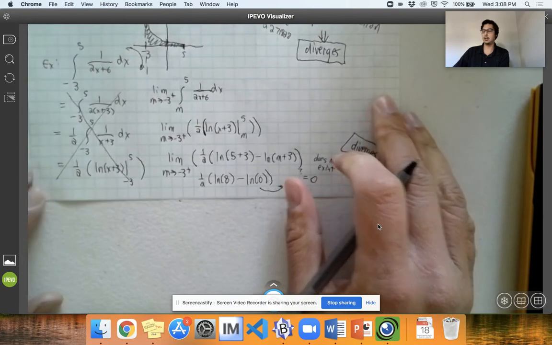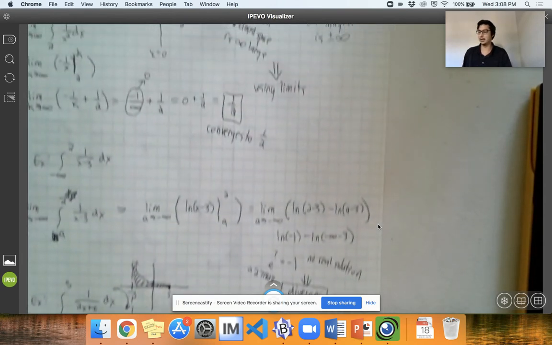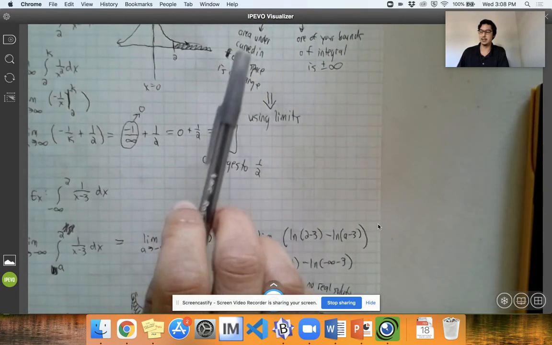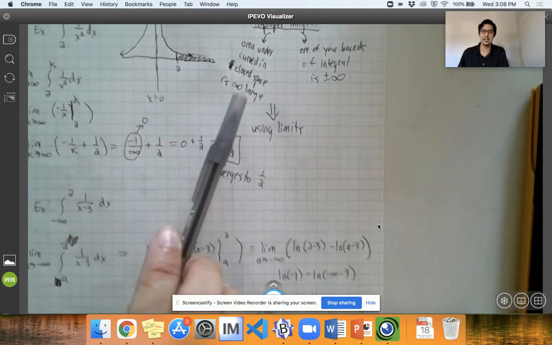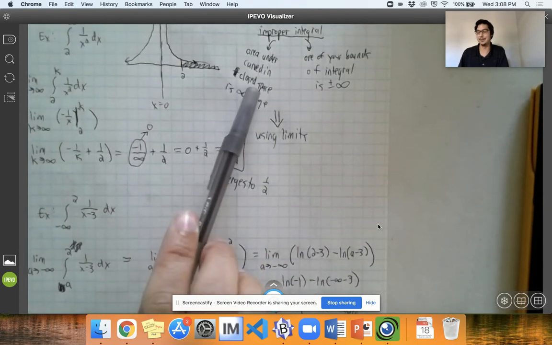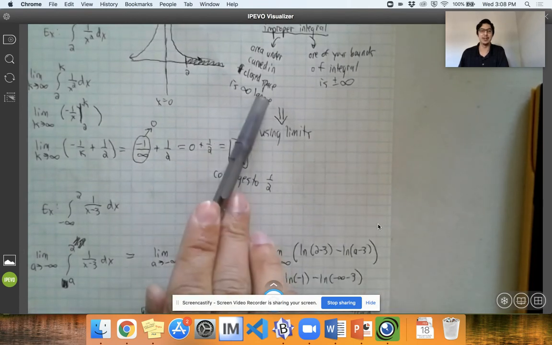So that's what an improper integral is. Again, we're talking about two ideas. It's either when the area under the curve in a closed space is infinitely large, and this is where you have to be careful: if this was a free response question, make sure you rewrite it with limits.